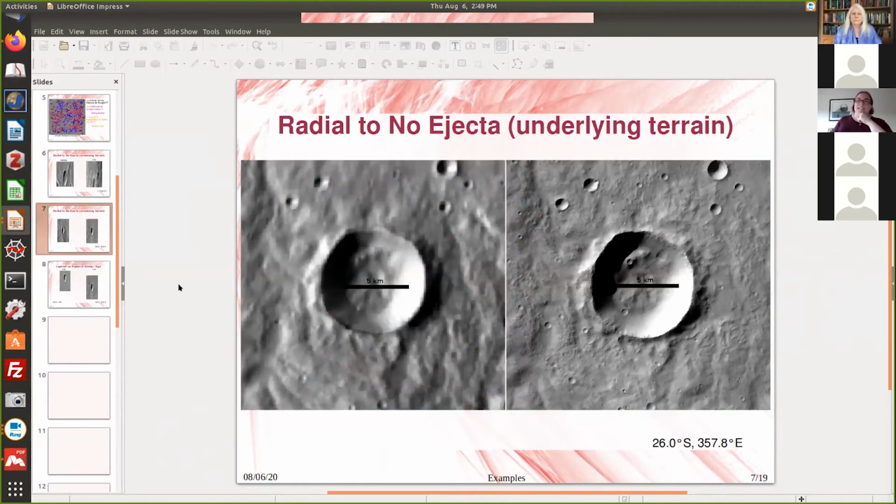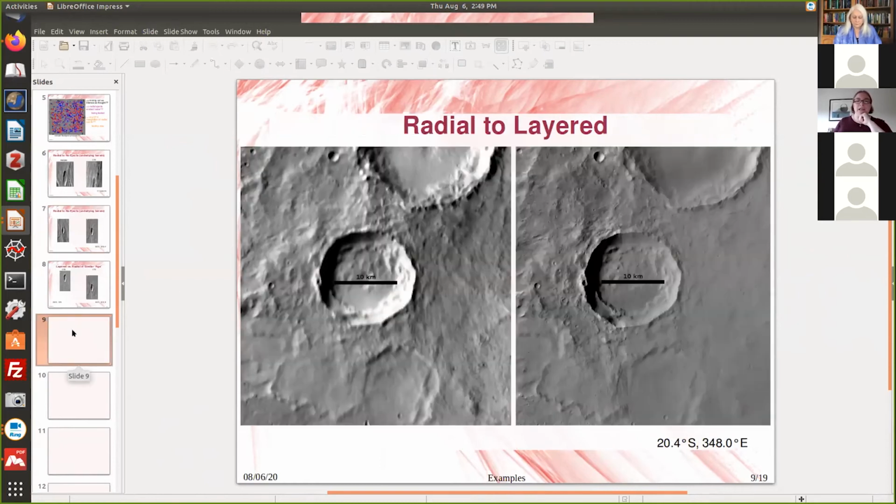I think that's definitely plausible, because as you would notice from looking at the CTX imaging, a lot of it is taken at higher sun in general, and isn't the best for identifying very fine topography.